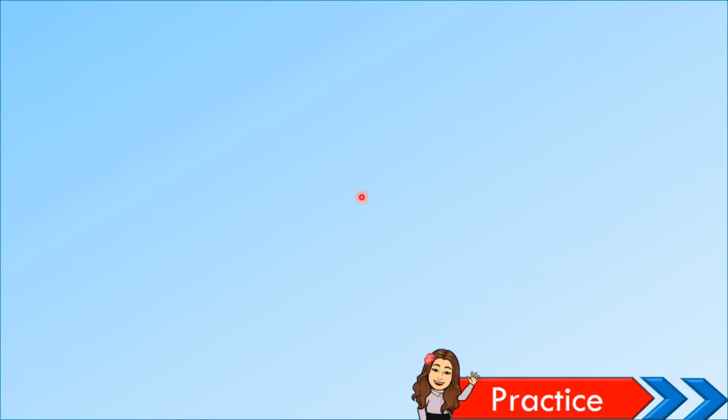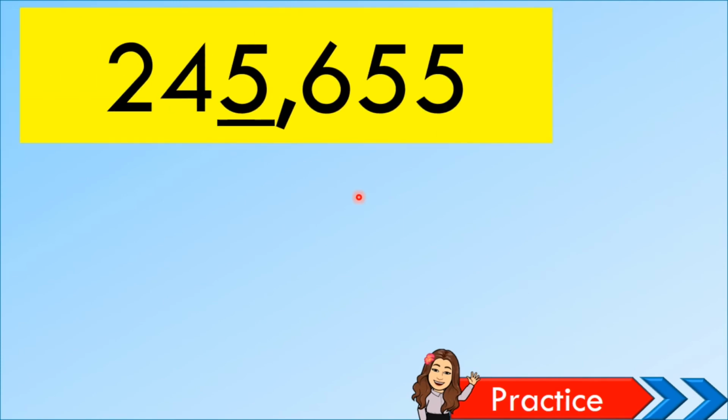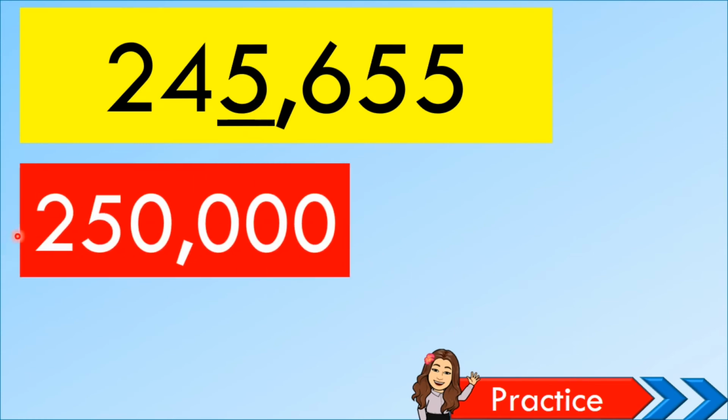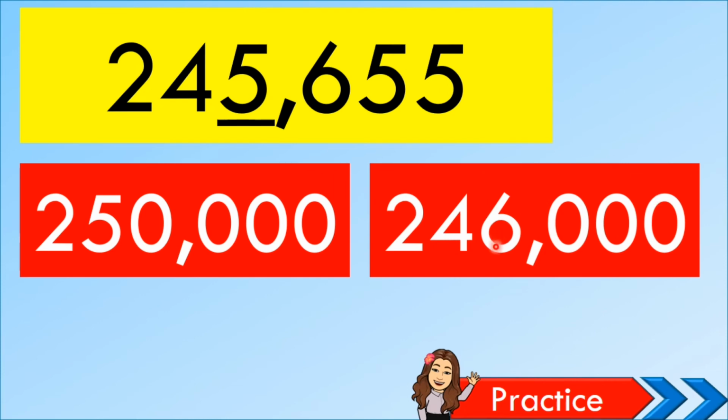Next, let us have this set of numbers. Read 245,... What do you think is the rounded number based on the underlined digit 5? Is it 250,000 or 246,000?